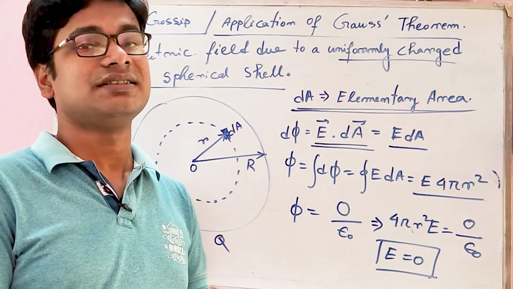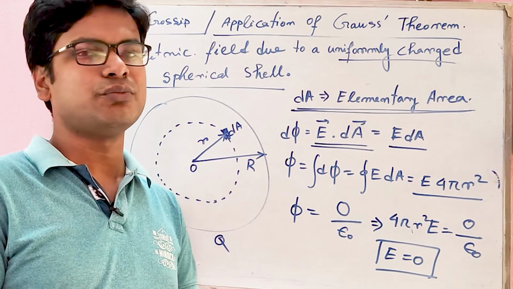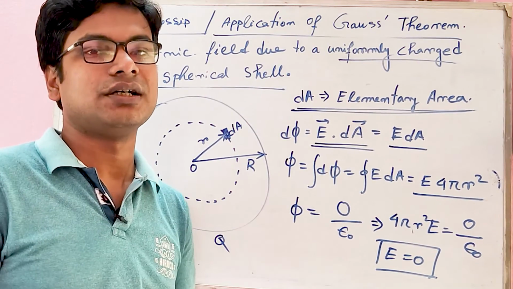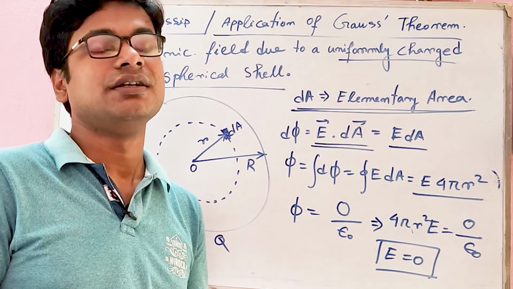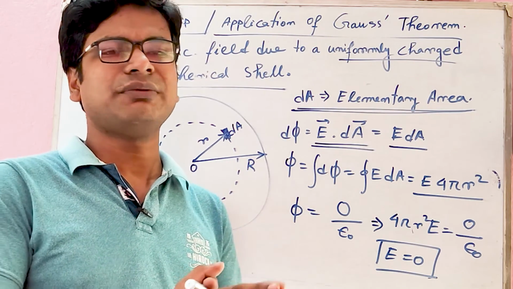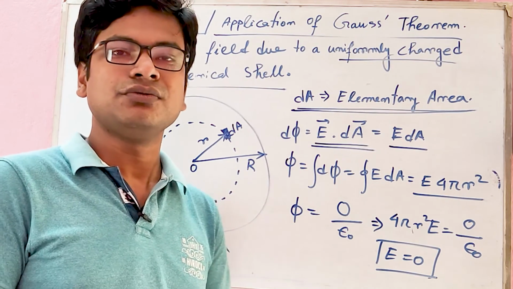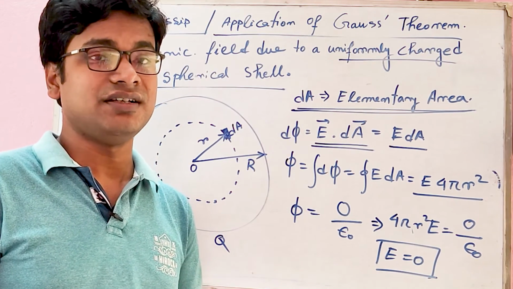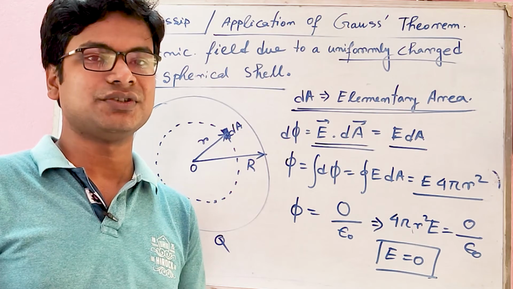We have already discussed 3 cases. There are also more cases, like what will be the electric field near a conductor, or between two plane charge distributions. So there are ample cases. You solve these applications on your own. If you are facing any difficulties, please let me know in the comment box.